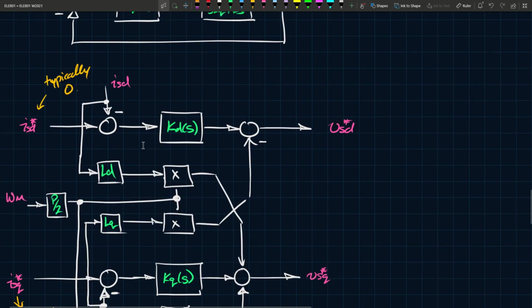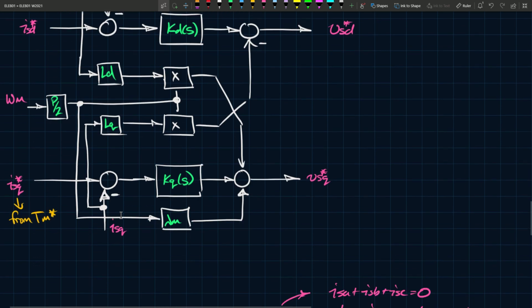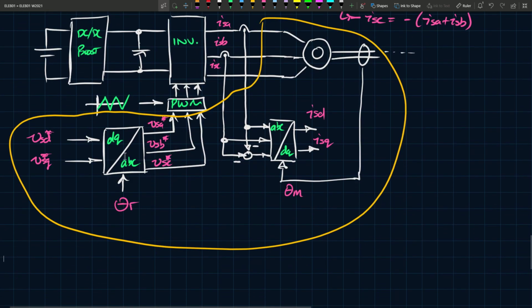We then developed a relatively larger control scheme using those two ideas, and the purpose is to decouple VSD and VSQ, the D and Q channels. That's what these feed forward terms do, this LQ times omega R and so on. Then we looked at the big picture of what we're trying to achieve, and how we do that in practice.